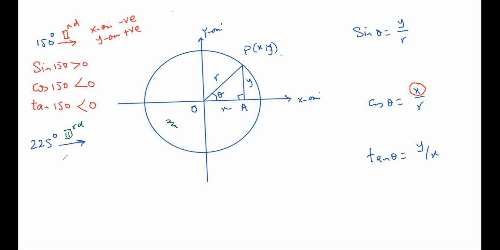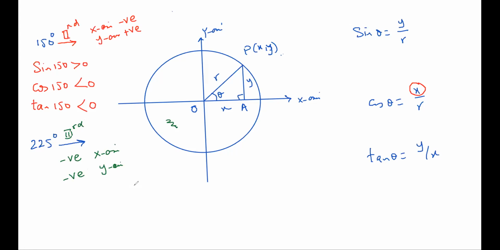So here you have the negative x-axis and the negative y-axis. You can make a guess before you use your calculator: will your sine 225 be positive or negative? What do you think? Negative. Why should it be negative? Because both the y-axis and x-axis are negative.